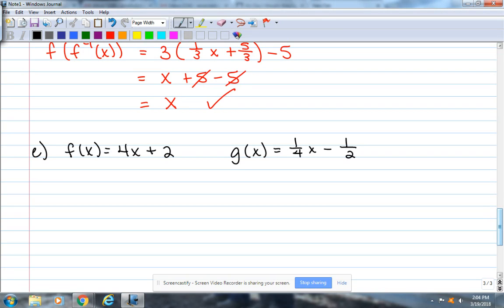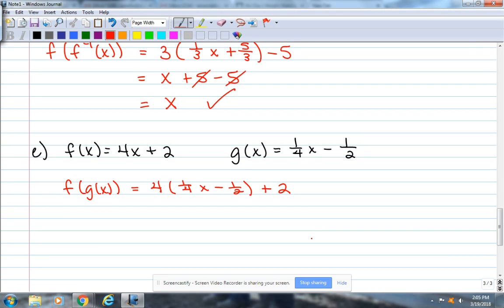So I can do f of g of x. And if f of g of x comes out to be just x, then they are. So to do f of g of x, I can say 4 parentheses 1/4 x minus 1/2, plus 2.